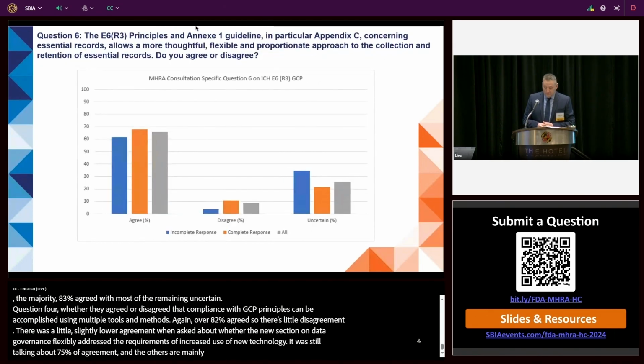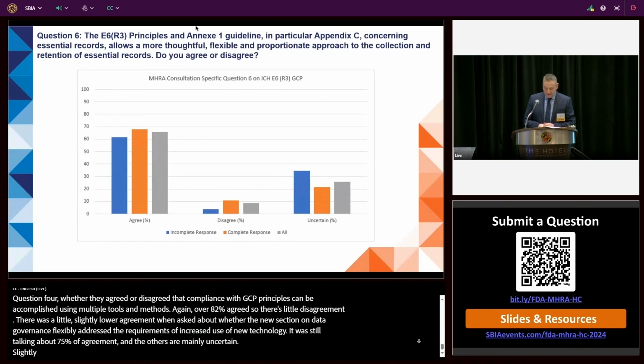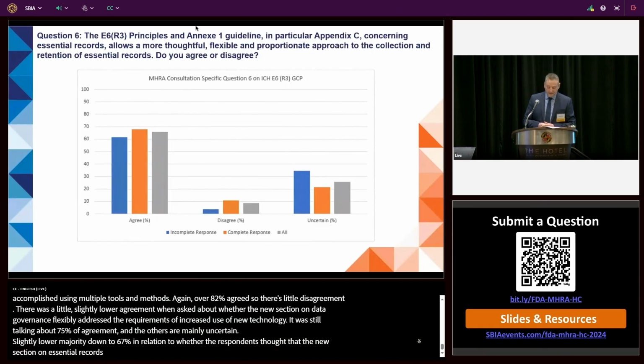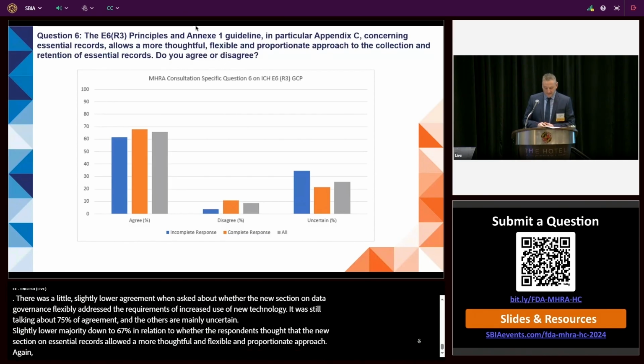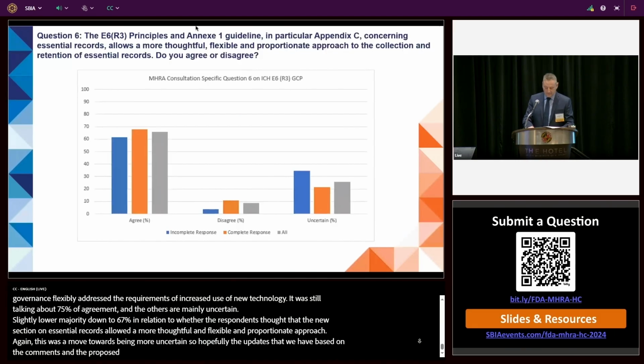A slightly lower majority, down to 67%, in relation to whether the respondents thought that the new section on essential records allowed a more thoughtful and flexible and proportionate approach. And again, this was a move towards being more uncertain. So hopefully the updates that we have based on the comments and the proposed ICH training materials will help those who are uncertain to be a bit more certain about it.